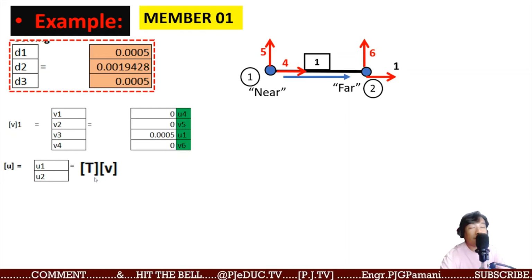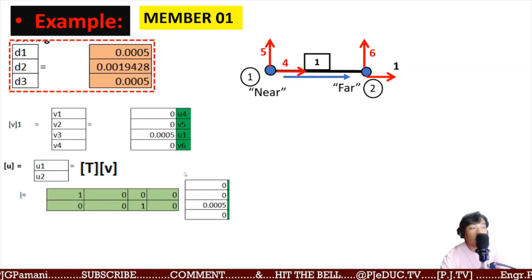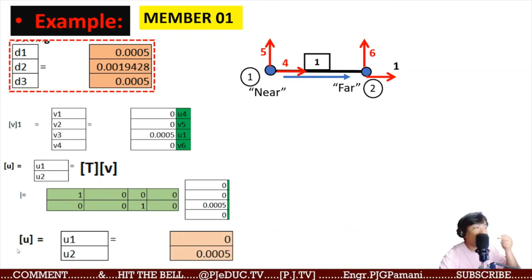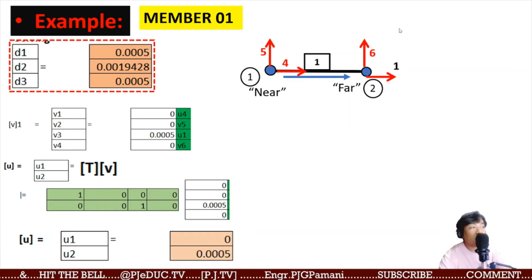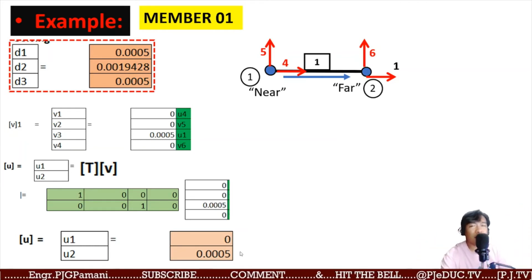Then, multiply that to the transformation matrix of member 1. Transformation matrix in member 1 times V in member 1 gives us the U or the end displacement of member 1 with respect to the local coordinate system. Yung paganyan. Parang kinonvert lang natin siya, no?